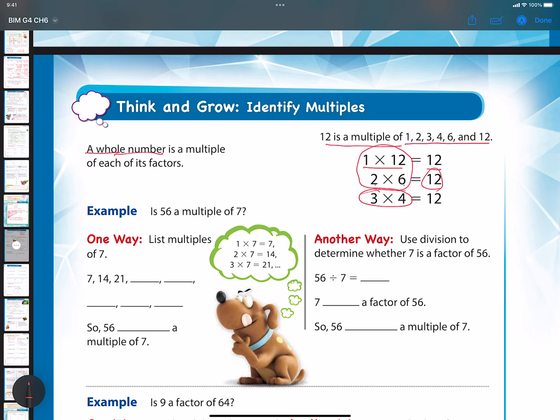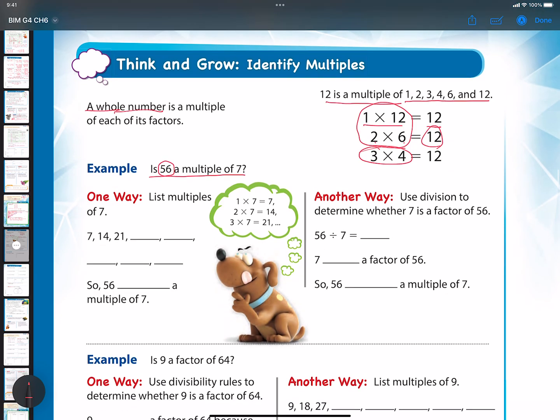Okay, all right, so now an example. Is 56 a multiple of 7? That means what? Can 56 be divided by 7 or not? Okay, we are going to take a look. All right, so look at this, guys. List multiples of 7. Since we just did it, right?